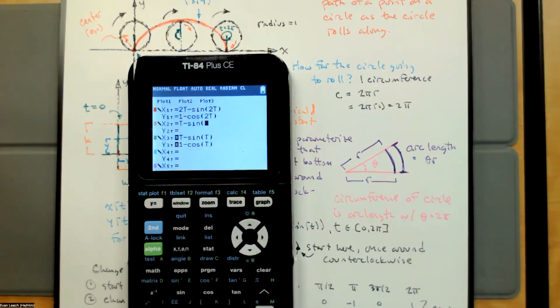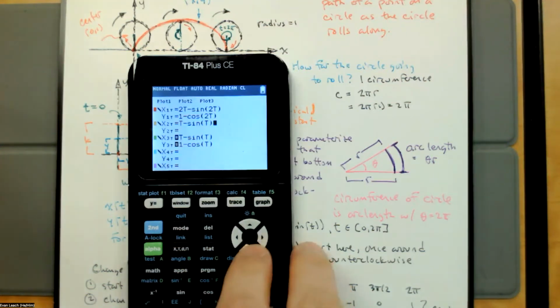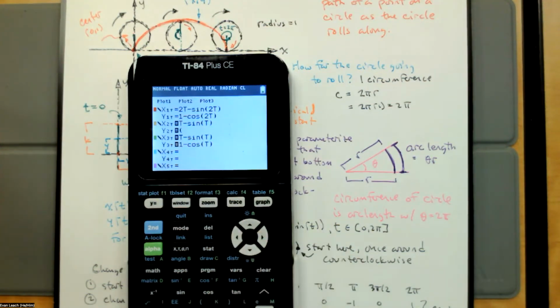So if I want to flip things over vertically, that means I want to change the sign of my y values. So I'll just take the 1 minus cosine t and multiply by -1. And then we'll get that bottom part.